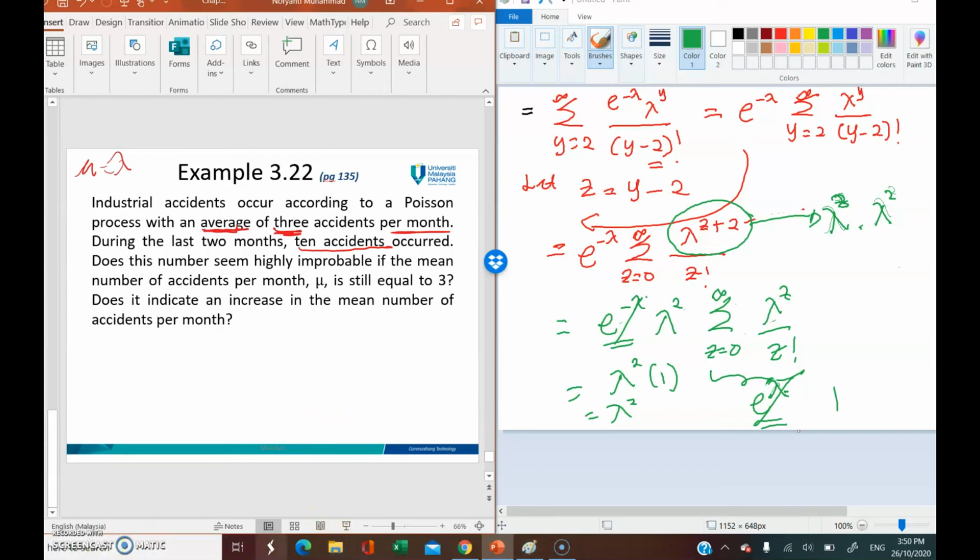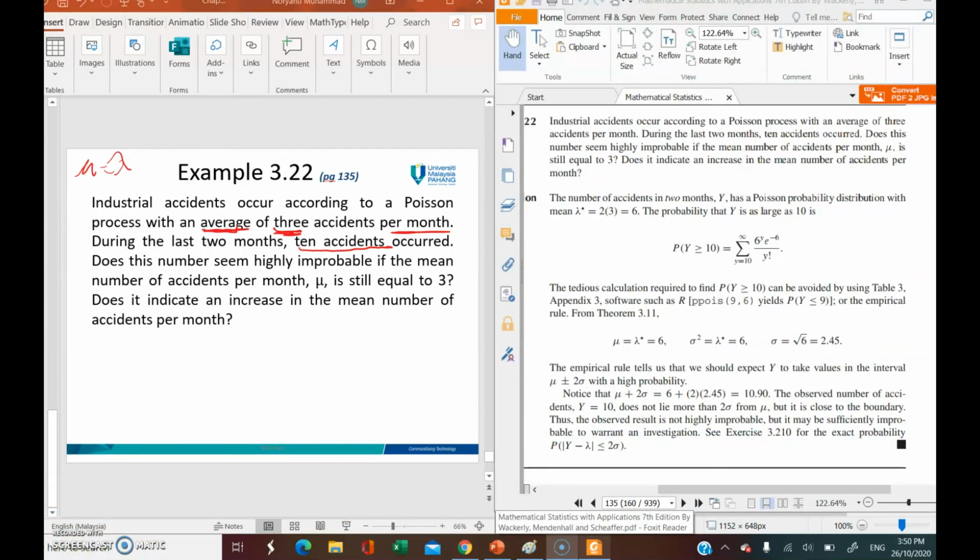In order to check, if you look at the solution from the book, page 135, the number of accidents in 2 months is y. Basically y has a Poisson probability distribution with mean lambda. Lambda is 3, but that is per month.